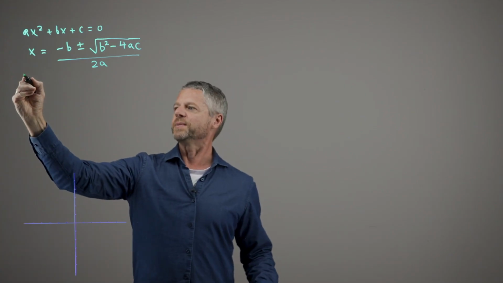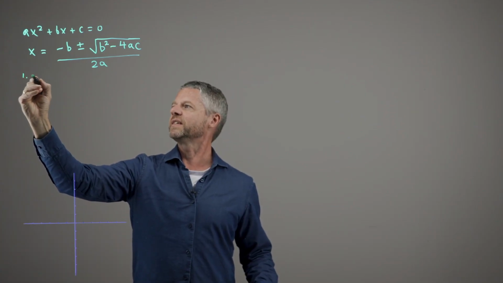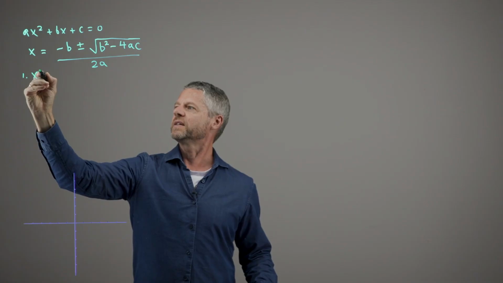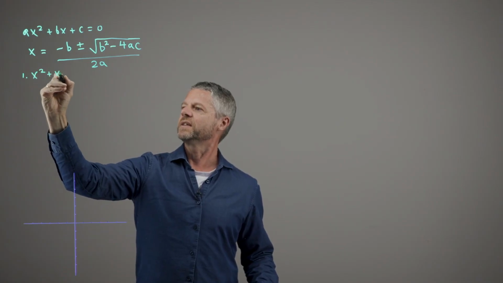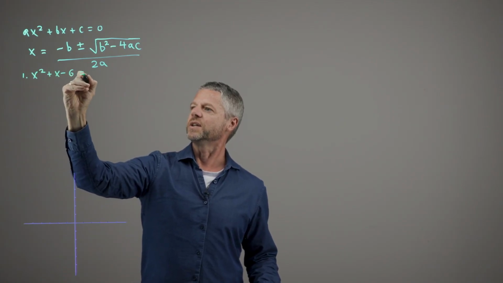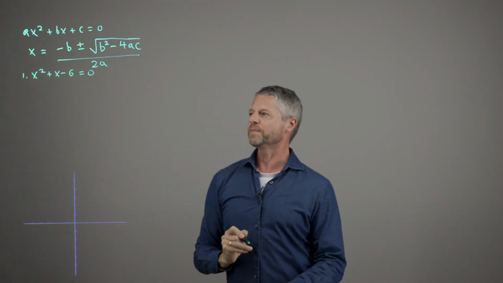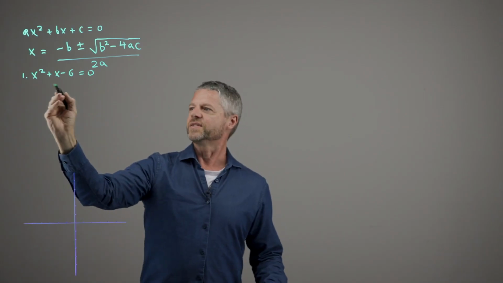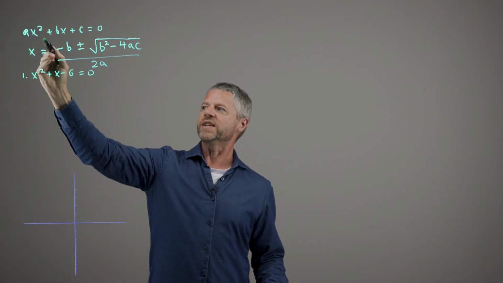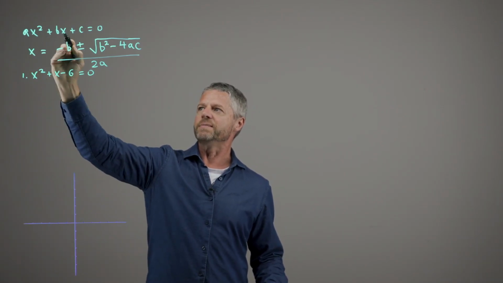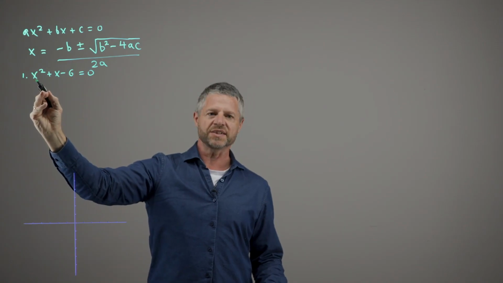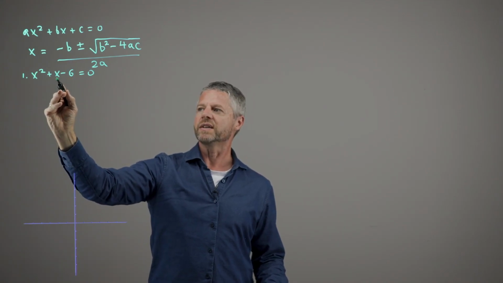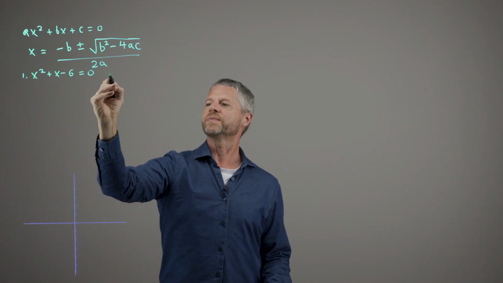So the first example I'm going to do is x squared plus x minus 6 equals 0. When we're using the quadratic formula, we have to know what a, b, and c are. So a in this case is 1, b is 1, and c is minus 6.